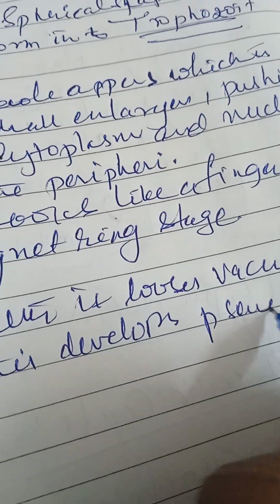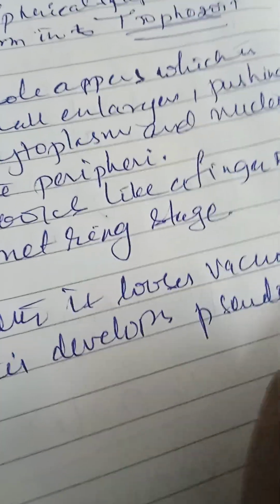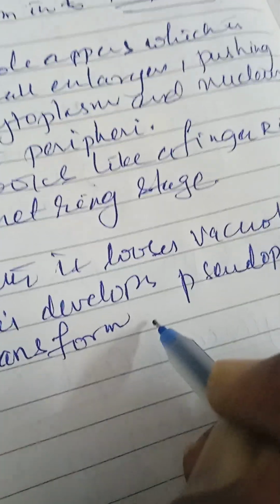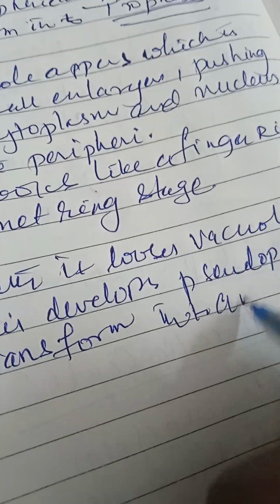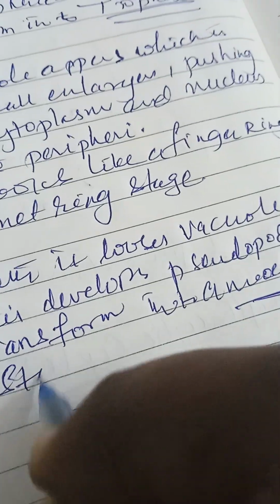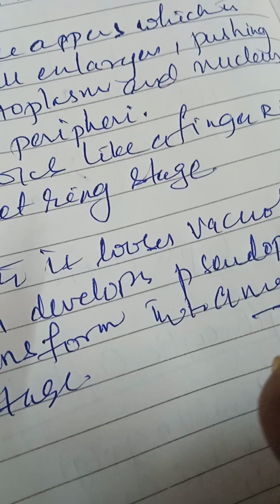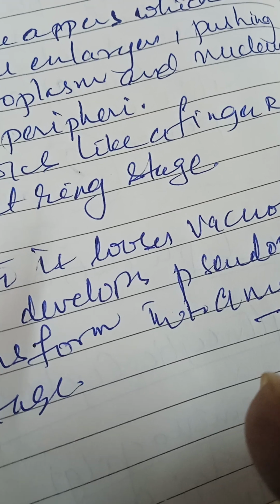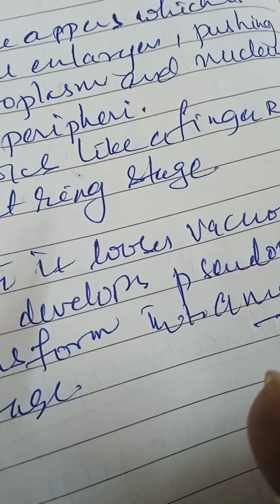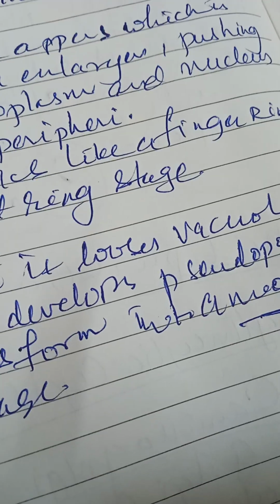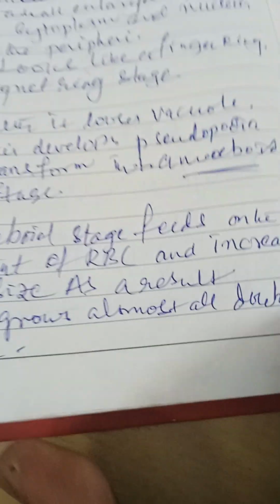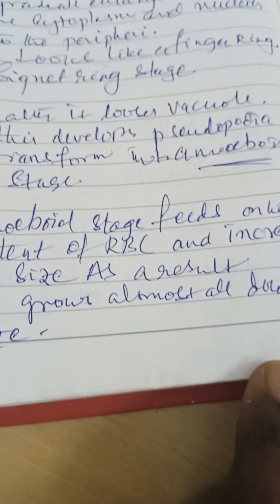It develops pseudopodia and transforms into the amoeboid stage. So what happens in this amoeboid stage? It feeds on the contents of the RBC and increases in size.